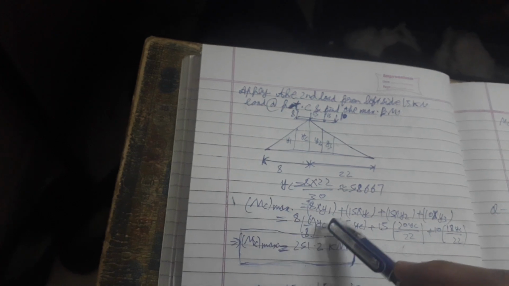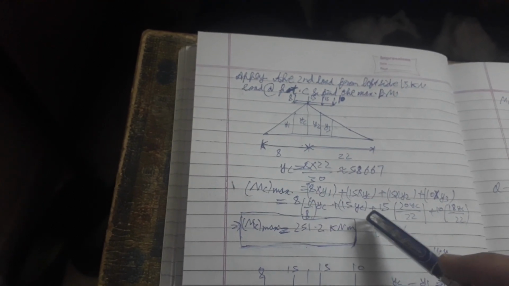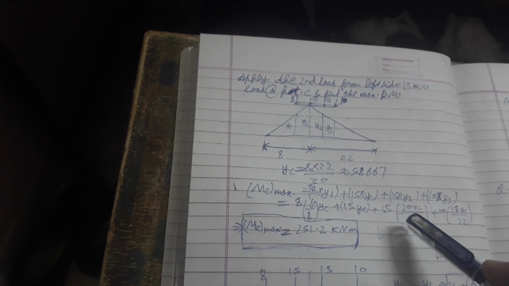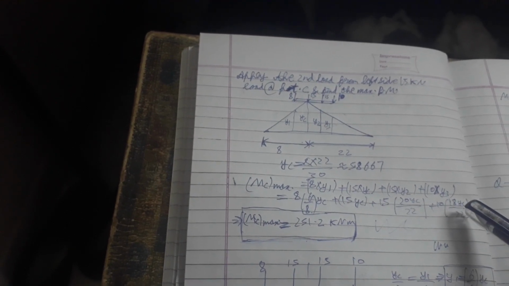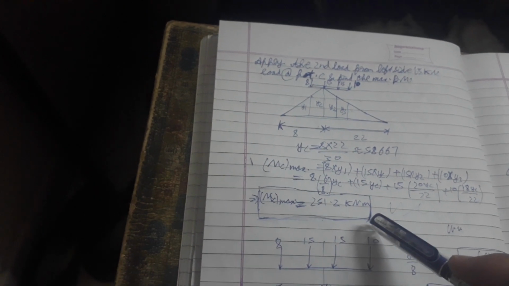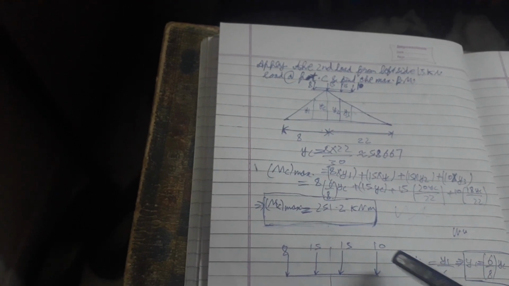MC maximum is equal to 8 into Y1 plus 15 into YC plus 15 into Y2 plus 10 into Y3, which is equal to 8 into 6 by 8 YC plus 15 into YC plus 15 into 20 YC divided by 22 plus 10 into 18 YC divided by 22. MC maximum is 251.2 kN per meter, 8, 15, 15, 10, 3.125, 2.875.